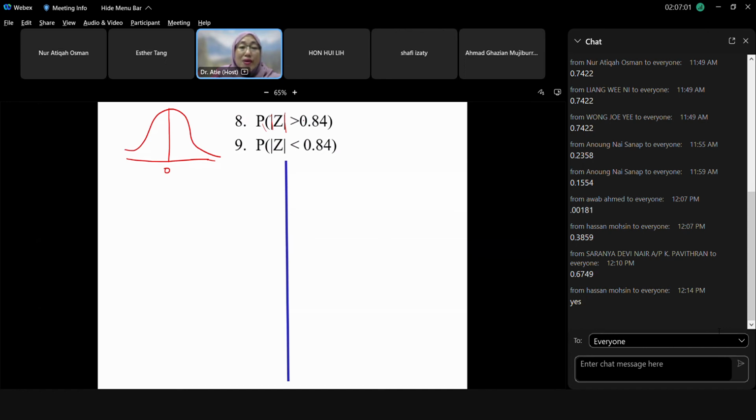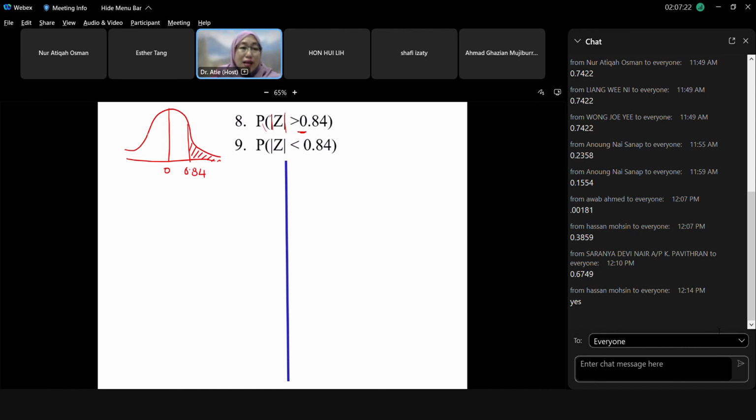First of all, we have 0.84. This one will be at the positive side and greater than, right? So what happens if we have absolute value is that whatever is on the other side will be the reflection on the positive side.